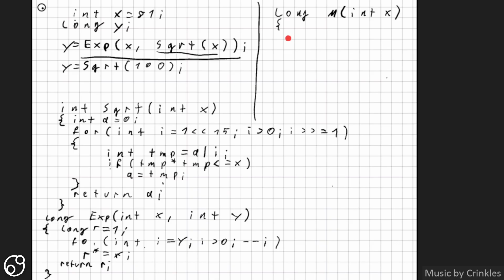And what this does is it will return, I'm going to write this out a bit shortened, exp of x, sqrt x, like that. This method m will internally just call the method exp, which first resolves sqrt. So generating the square root, then we exponentiate, and that's going to be returned for m.